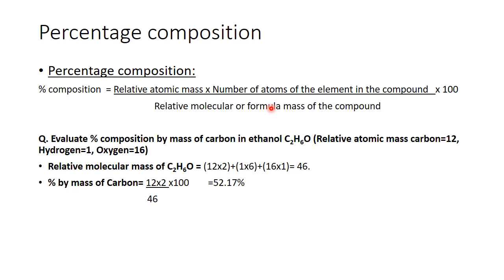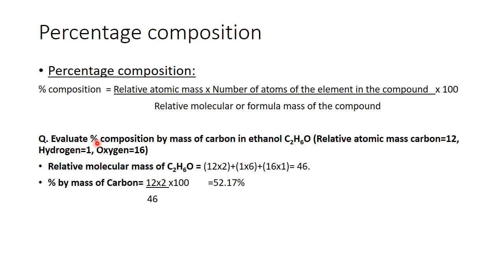The relative atomic masses are given: carbon 12, hydrogen 1, oxygen 16. First of all, before finding the percent composition, we have to find the relative molecular mass of C2H6O. The relative atomic mass of one carbon is 12, and there are 2 atoms of carbon, so 12 multiplied by 2, plus 1 multiplied by 6, because hydrogen is 1 and there are 6 hydrogen atoms.